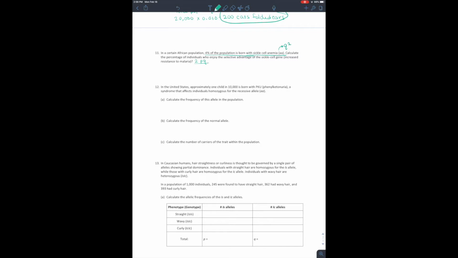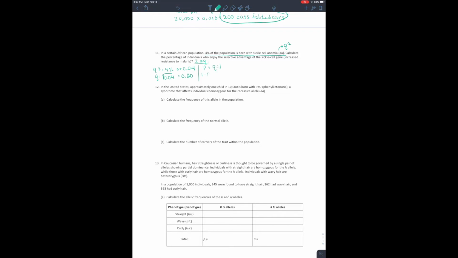We were told that 4% of the population is affected with sickle cell. That's our Q squared number. So Q squared is equal to 4% or 0.04 when expressed. So in order to find Q, we have to take the square root of 0.04. It's going to be 0.20. So we got Q squared, we've got Q, got to calculate P. P plus Q equals 1.